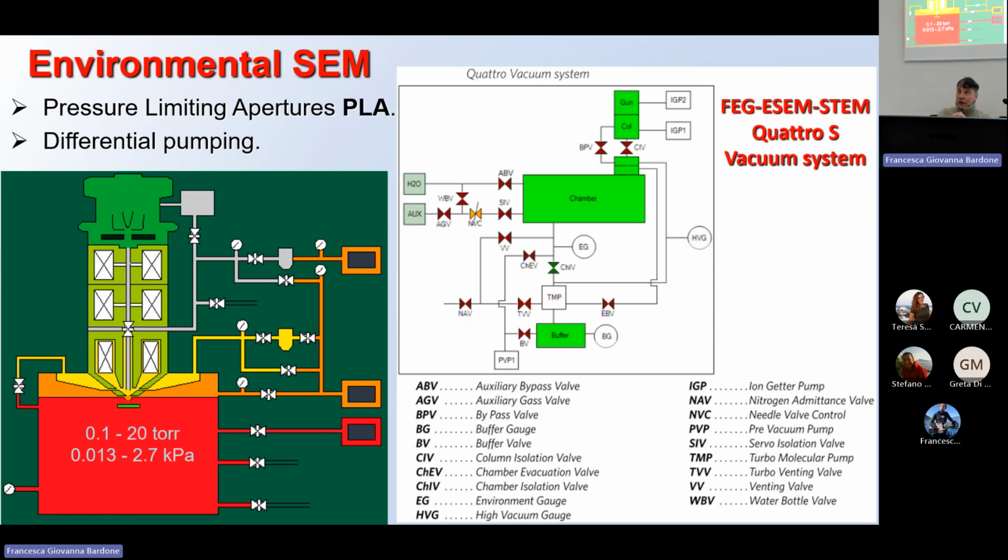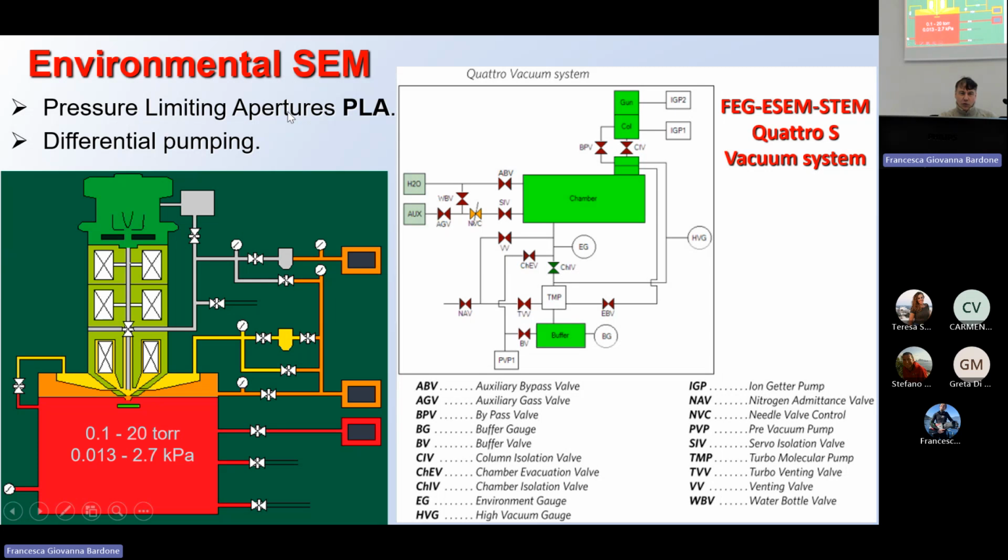So the hole is very small for water molecules, and the difference in pumping is very small because the gradient is small, because you have created a lot of different chambers, and every chamber is separated by a micron-size diaphragm. So the gradient is very low, and the hole is very small to prevent molecules from moving from one part to the other. Very tricky and complex from the engineering point of view.